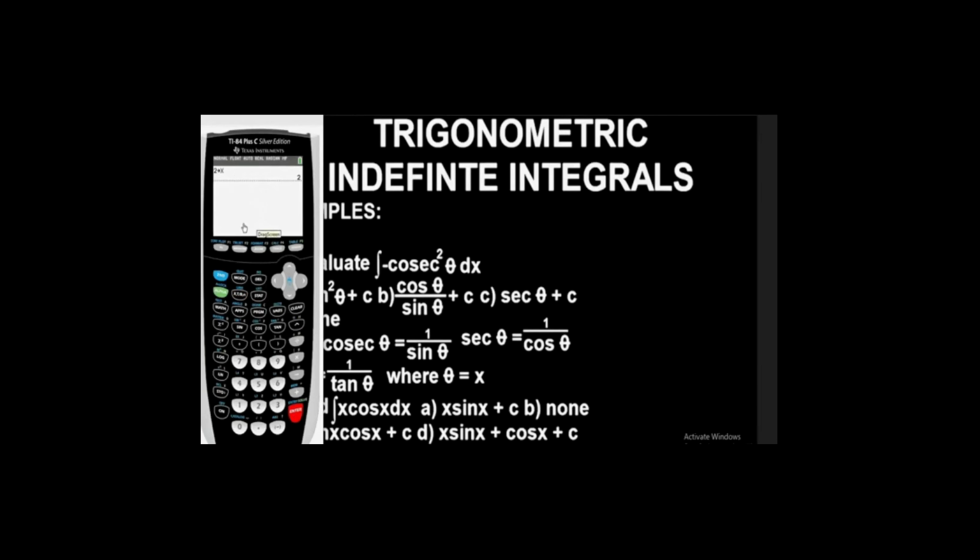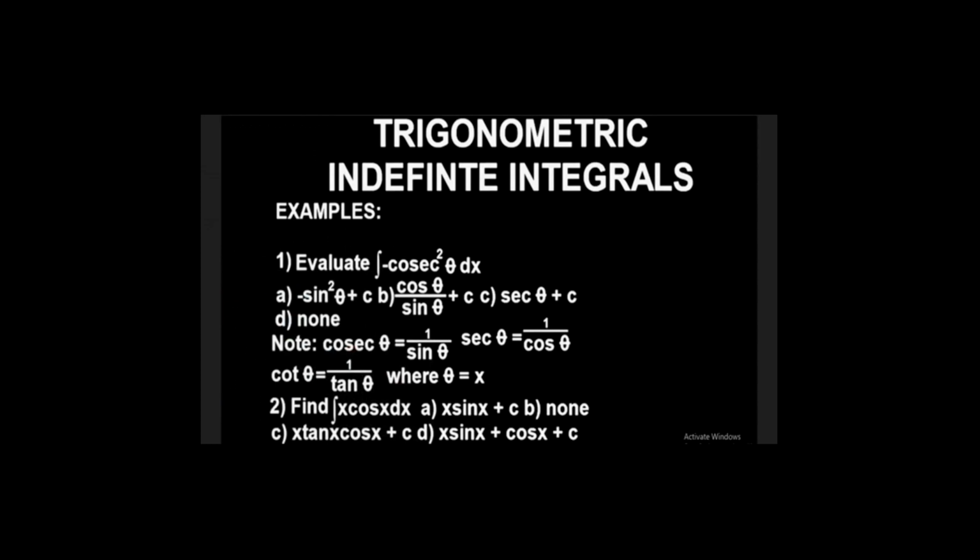Right now, we're going to use this number we stored to evaluate the question. So let's look at the question. It says evaluate the indefinite integral of minus cosec square theta dx. Now note that cosec theta is 1 over sin theta, sec theta is 1 over cos theta, cot theta is 1 over tan theta, where theta is x.